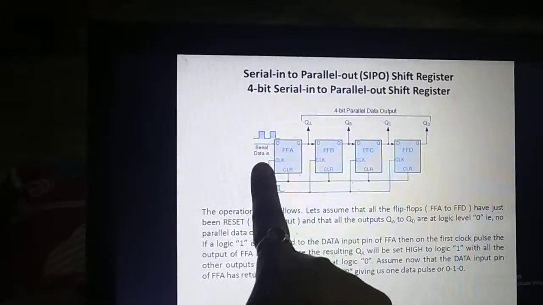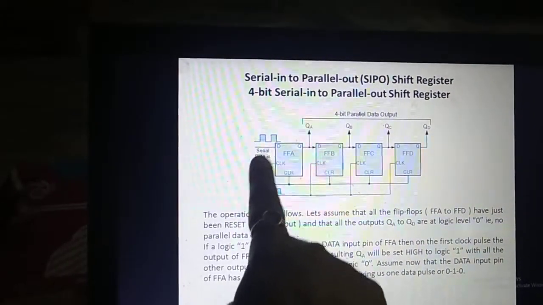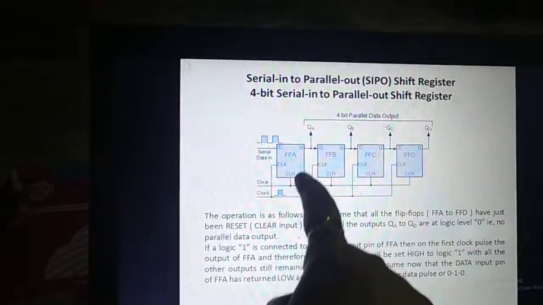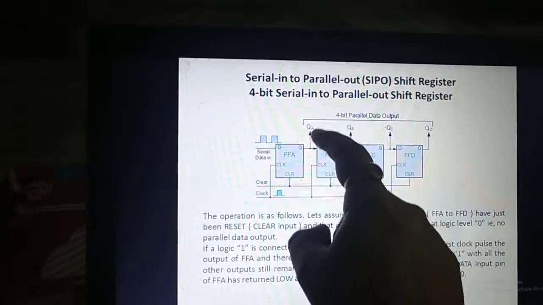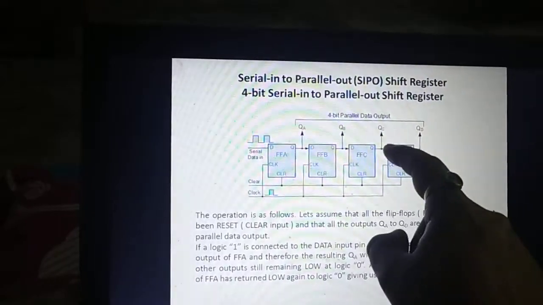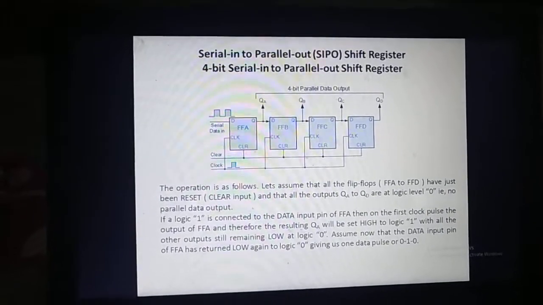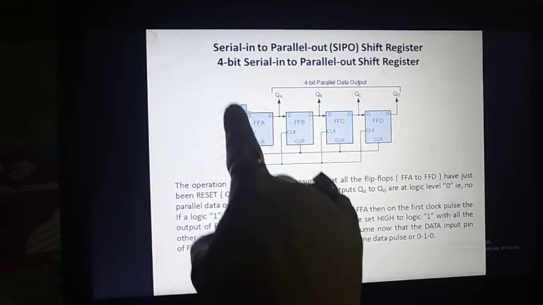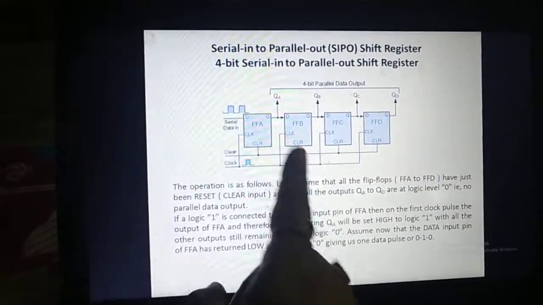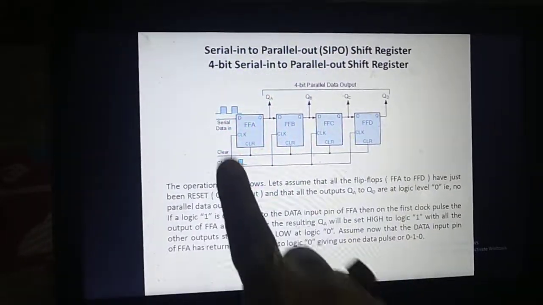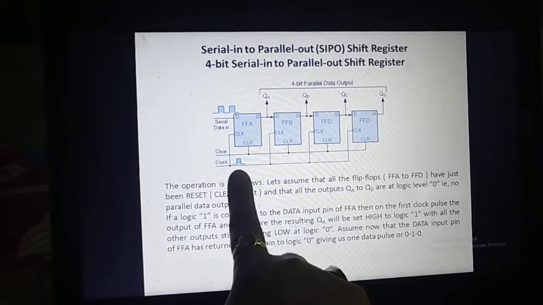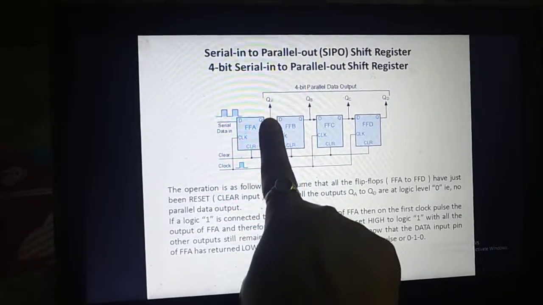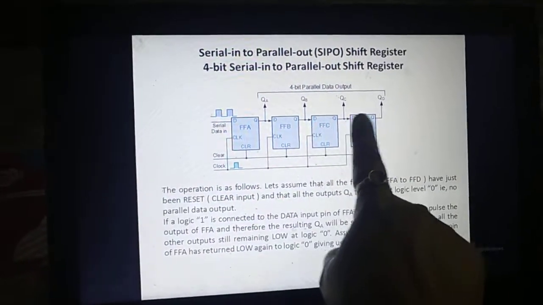We are going to take data serially at this flip-flop, and we are going to take data output parallelly. So just see the operation of this shift register. Suppose we are going to take input 1. Starting at the first clock, the first output will be 1, 0, 0 and 0.